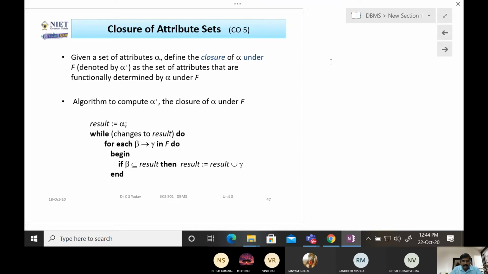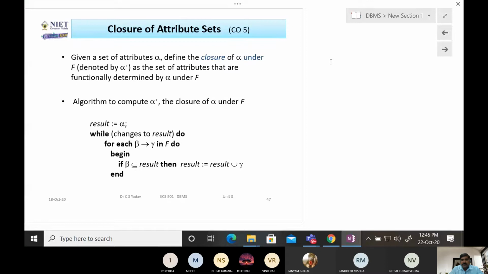In the last lecture, I told about third normal form and then BCNF. As you all know, a relation is said to be in third normal form if and only if it is in second normal form and every non-key attribute is non-transitively dependent on the candidate key or super key, or there should not be any transitive dependency.